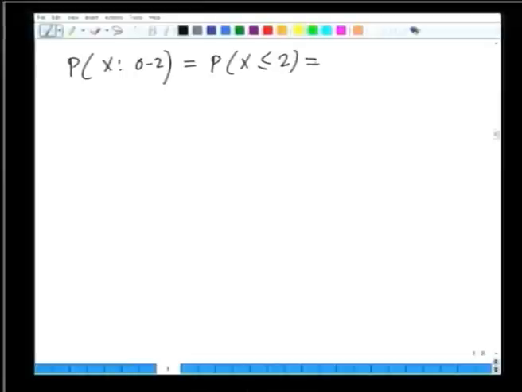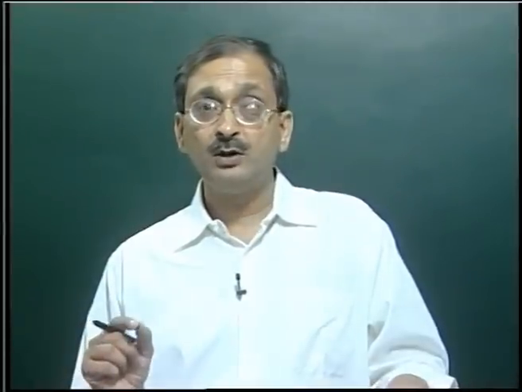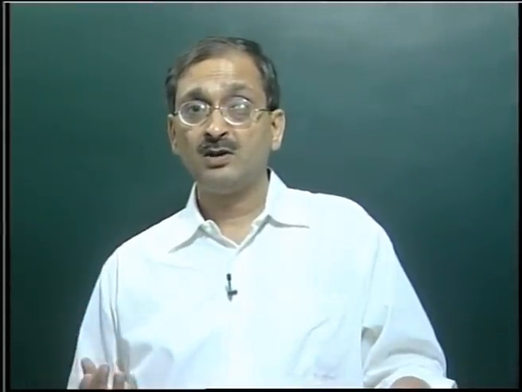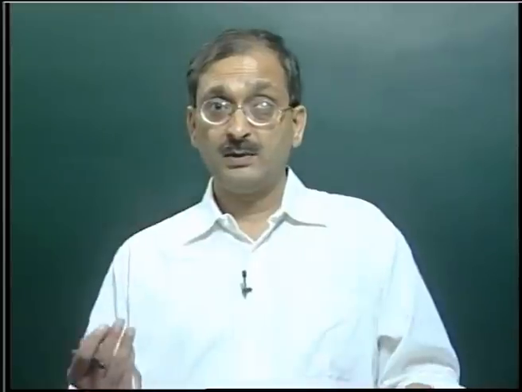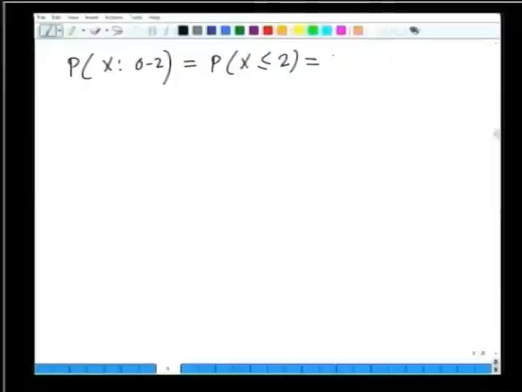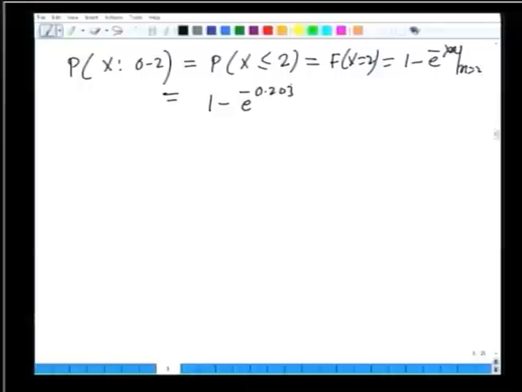By the knowledge of your PDF and CDF, the probability of a random variable being less than or equal to a particular value, which is 2 days in this case, is given by the cumulative distribution function value at x equal to 2. So I can write this as F at x equal to 2, which is 1 minus e to the power minus lambda x with x equal to 2. So this is going to be equal to 1 minus e to the power minus 0.203417 times what?